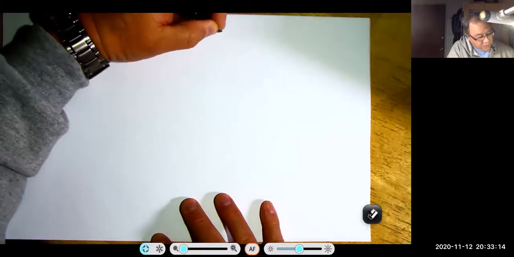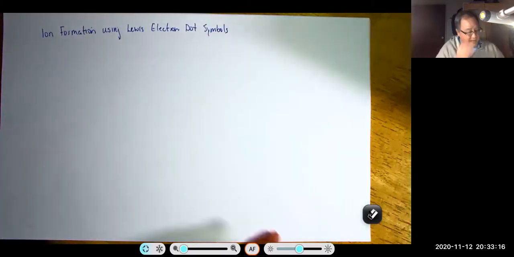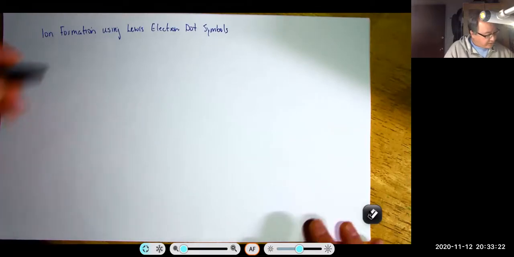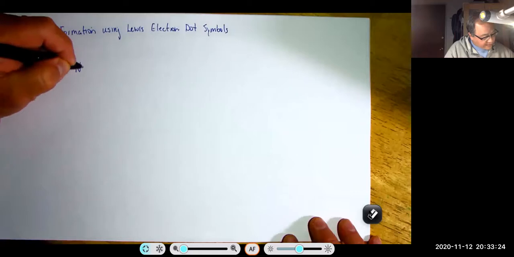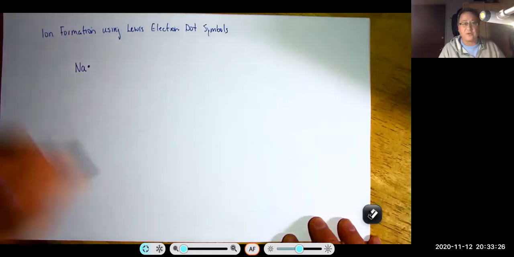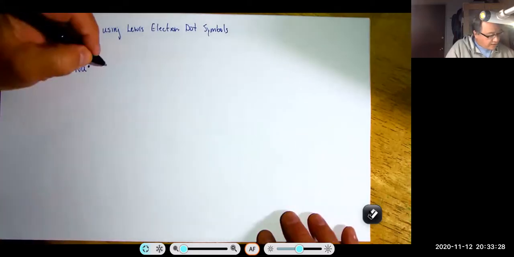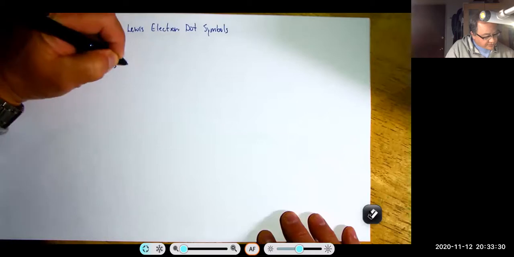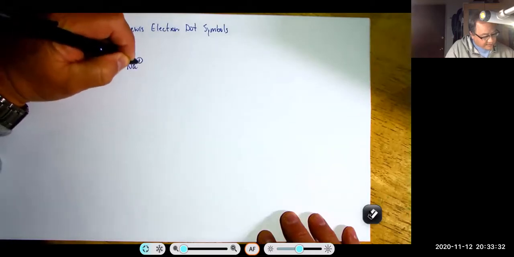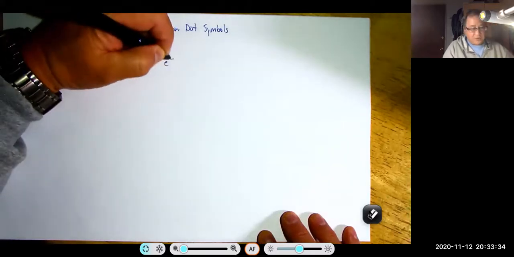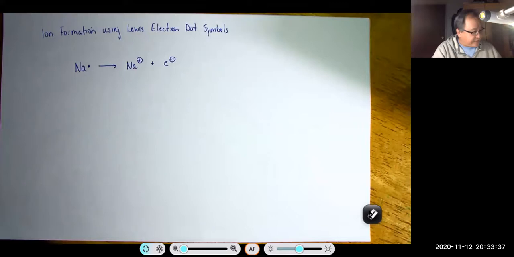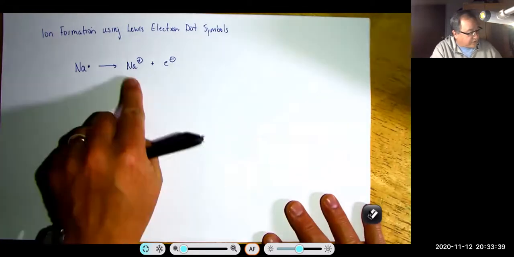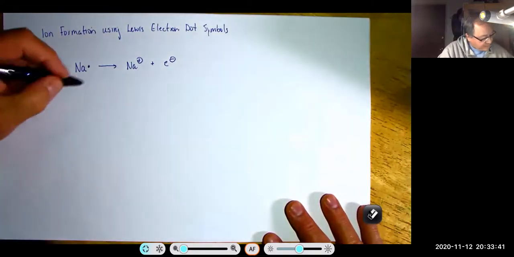So we already know that group 1A atoms tend to form +1 cations. So here is what you draw for that. Here's a sodium with its 1 valence electron. And what happens is it turns into a sodium cation plus the valence electron being removed. So this is the ion formation using dot symbols.